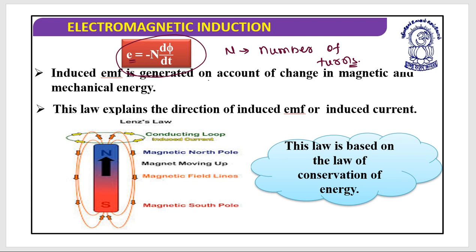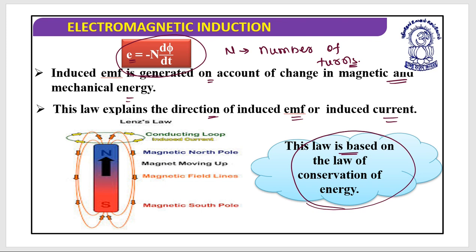This induced EMF is generated on account of the change in magnetic field, and magnetic and mechanical energy will be changed. This law explains the direction of induced EMF as well as the direction of the induced current. Yes, this law is based on the law of conservation of energy.